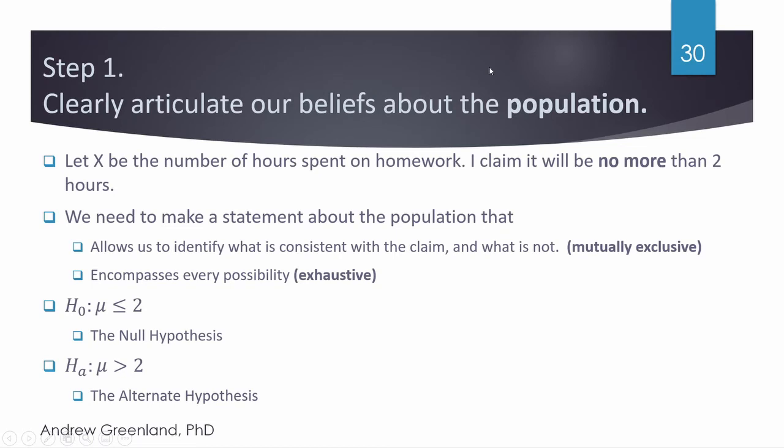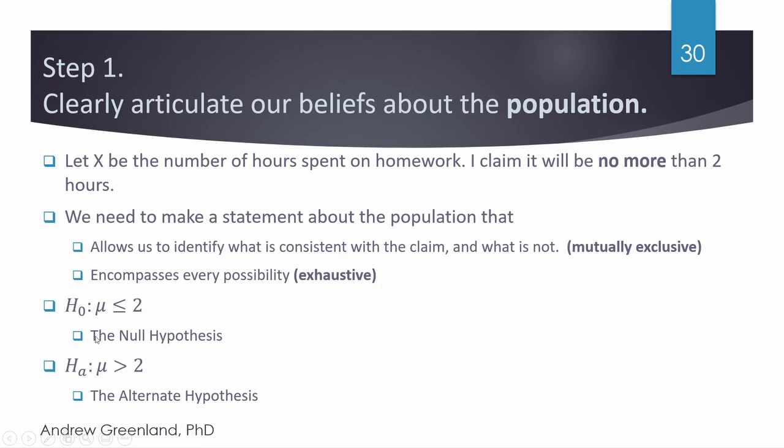The population here is the true average number of hours spent on homework, but you only have a sample of data from 36 classmates. So we're going to say X is the number of hours spent on homework. I'm making a claim about the population that says it will be no more than 2 hours. Again, we need to make a mutually exclusive and exhaustive statement.